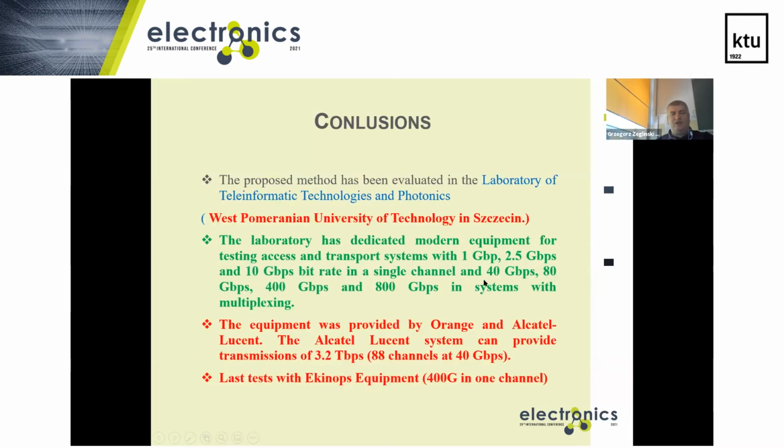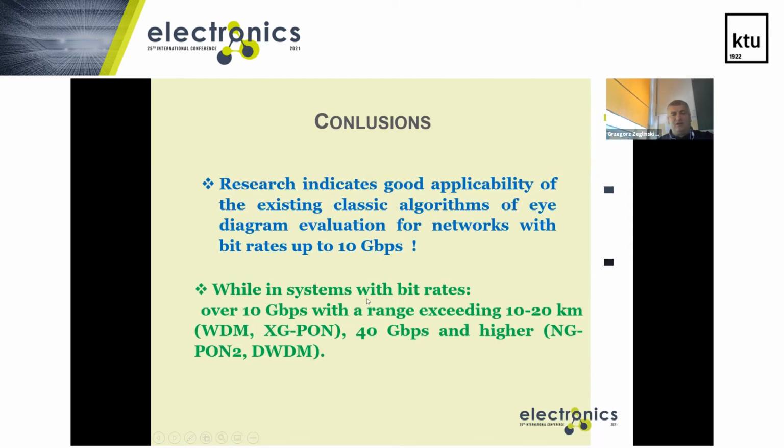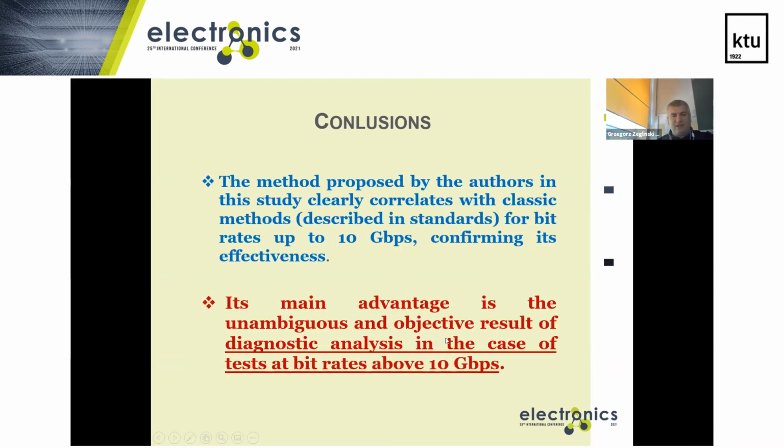And one important conclusion: this method has good agreement at 10 gigabits per second, but is probably very useful for high-rate transmission systems like 40 gigabits per second, and actually we can use this method for 40 gigabit systems.